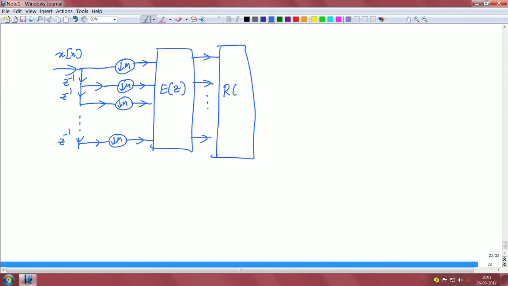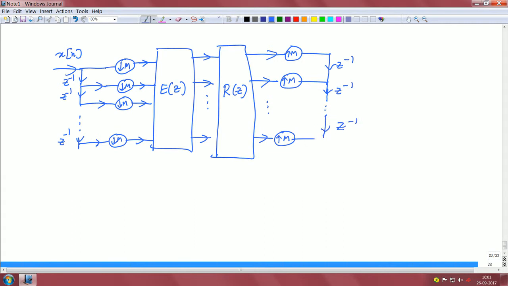And we have our R of z, this bank, we have upsamplers, followed by delay elements, and then we combine the signal to get x hat of n, and this is architecture 2.